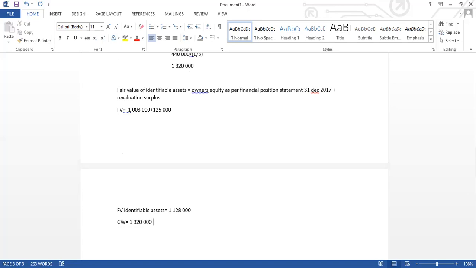And then we subtract our fair value of identifiable net assets, which we got as 1,128,000. So what will be our goodwill amount? 192,000. So our goodwill will be 192,000.